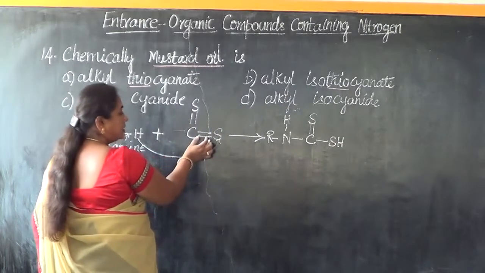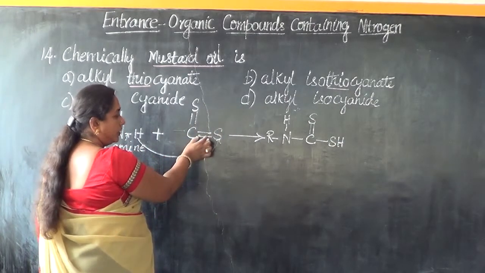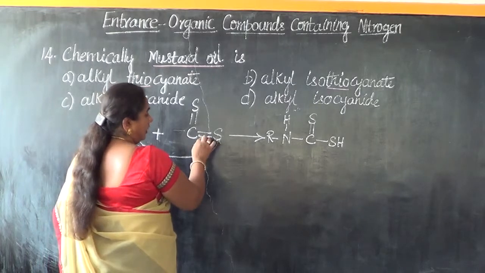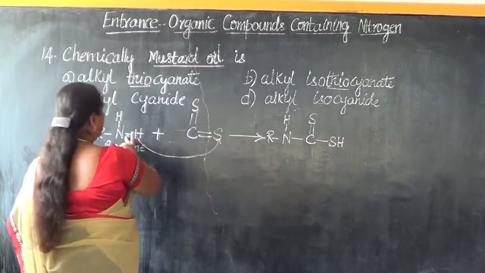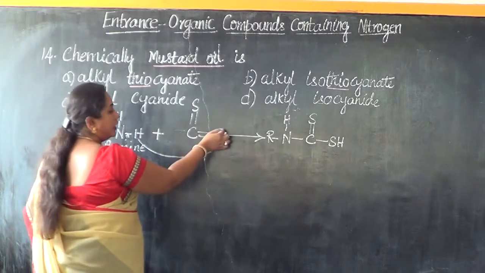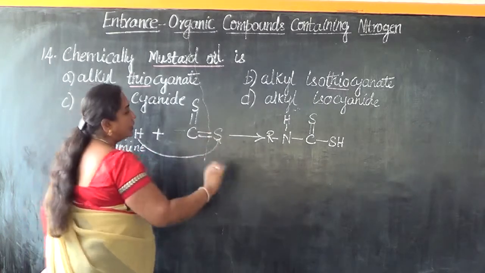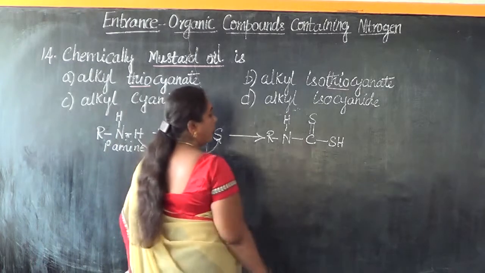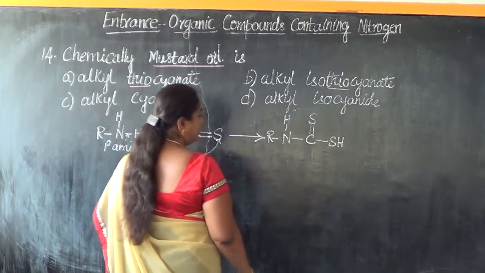So that means these two bonds here will cleave and the electron cloud shifts here. Because this cleaves, this will come out as a proton H plus, and there is a negative charge here, so they will get attracted, and therefore this is the product we are going to get.